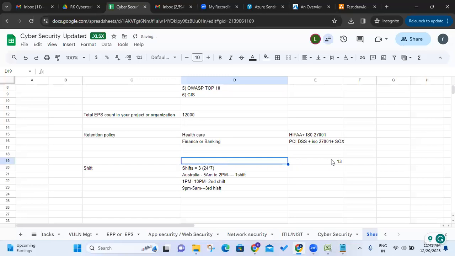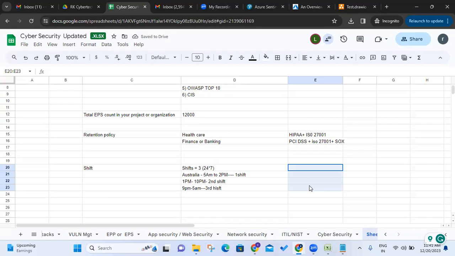Now, in each and every shift, always remember L1 members will always be the highest. L1 may be 3 members, L2 may be 2 members, and L3 may be 1 member. How many altogether? 3 plus 2 plus 1 is 6. 6 in each and every shift, the same repeated.